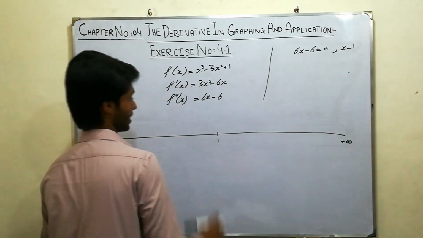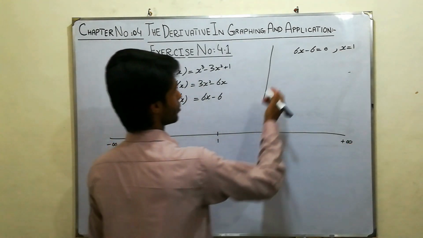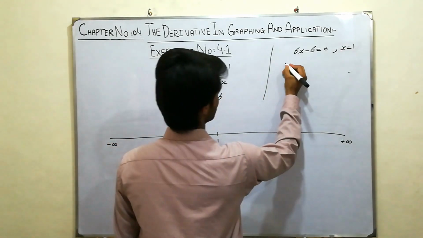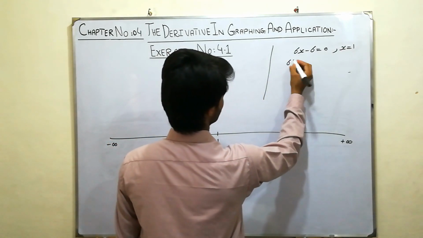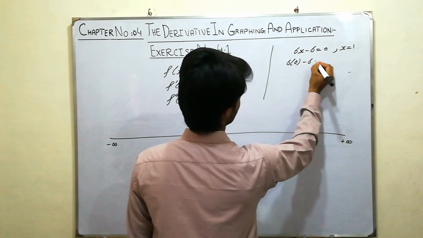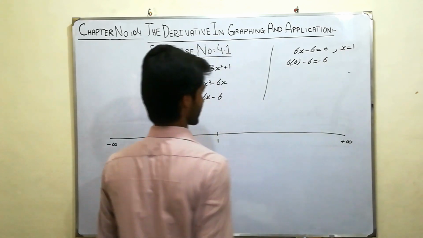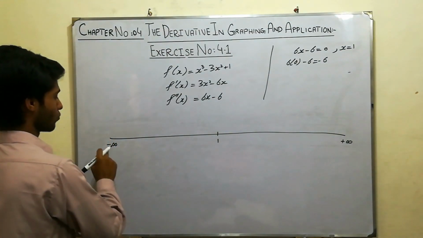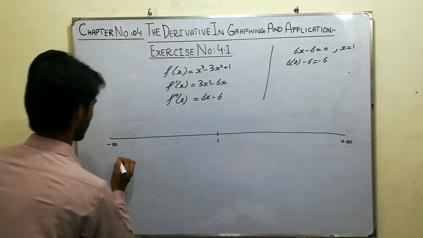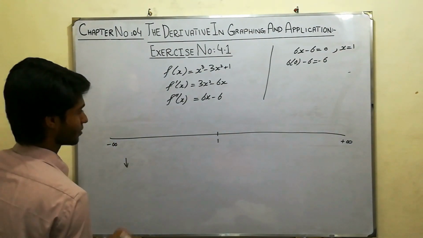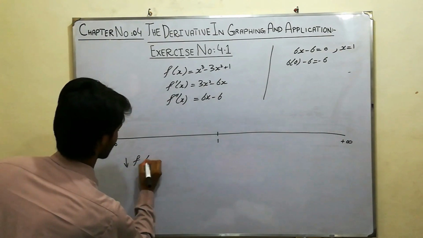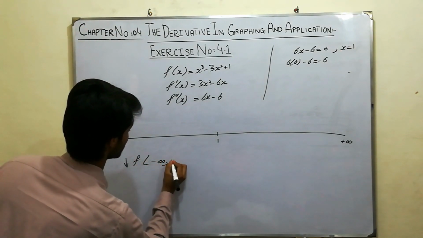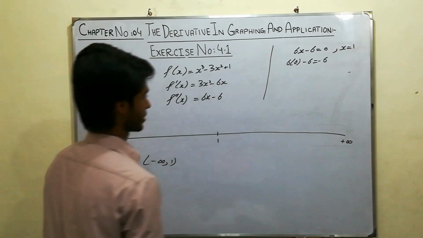If we put a value less than 1, let's suppose 0, in the double derivative function, we have a negative value. It means the function is concave down from minus infinity to 1. This sign is for concave down. The function is concave down from minus infinity to 1 because we have a negative value.